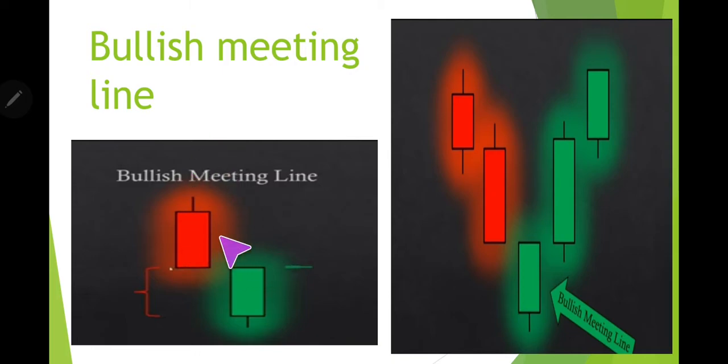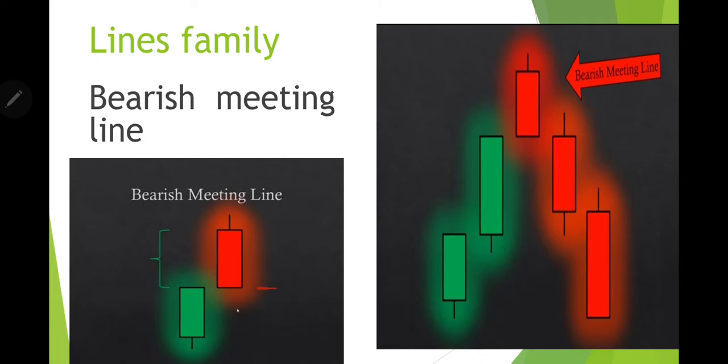So this one is said to be in a meeting line position. So the meeting line is a bullish reversal pattern, as you can see there. And the bearish meeting line is the mirror image of the bullish meeting line. The bearish meeting line will appear on top of an uptrend to signal reversal to the downside.